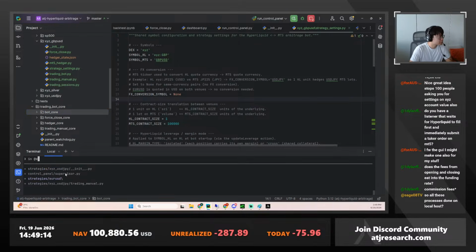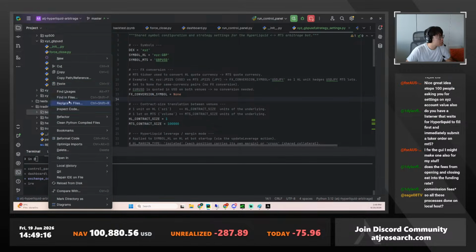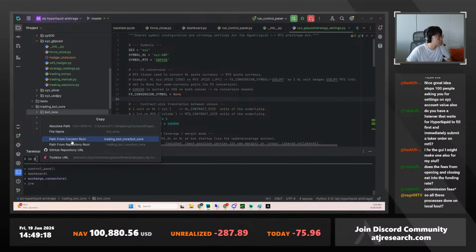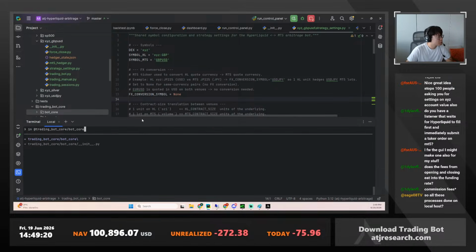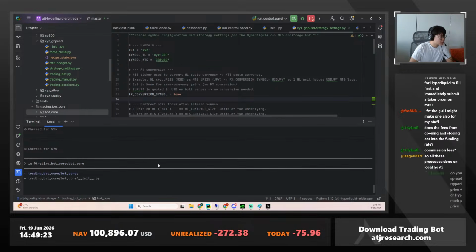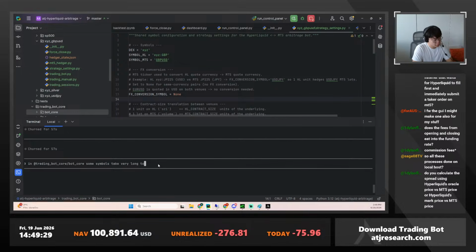So in training bot core, some symbols take very long to receive a price update because of very low liquidity.